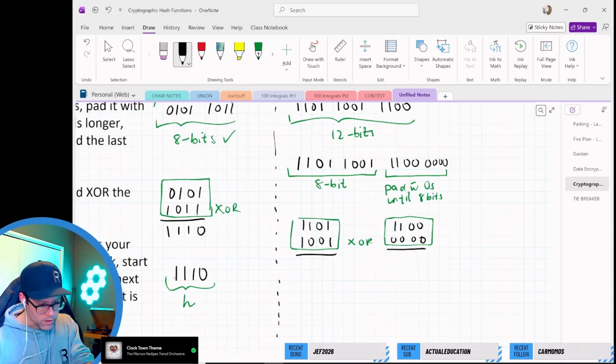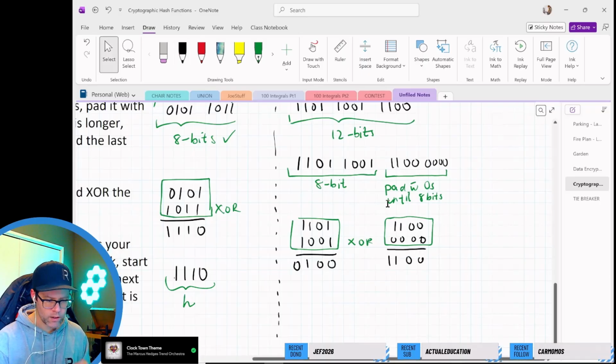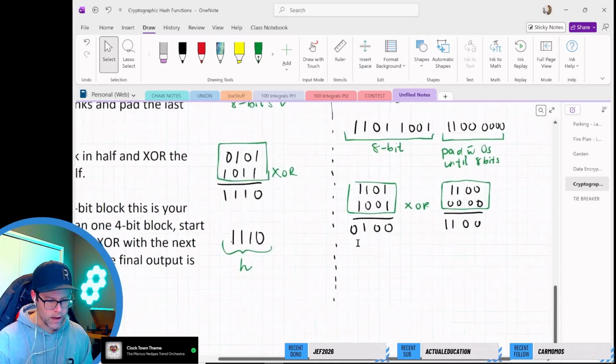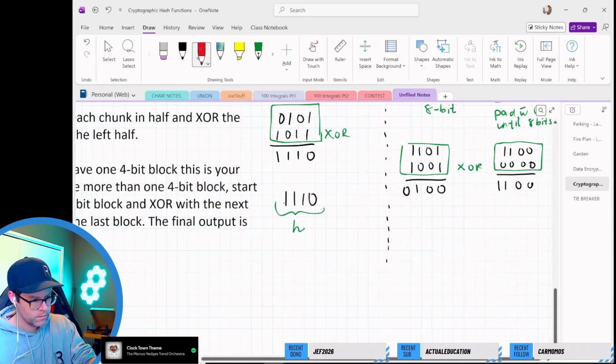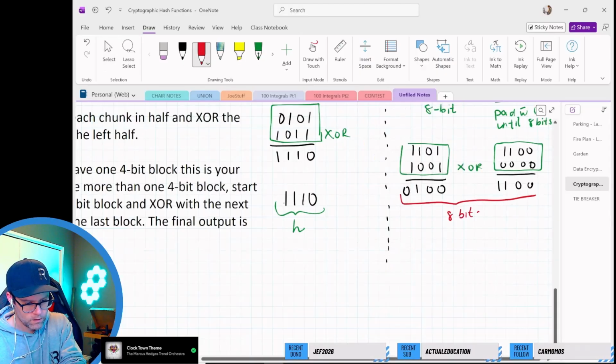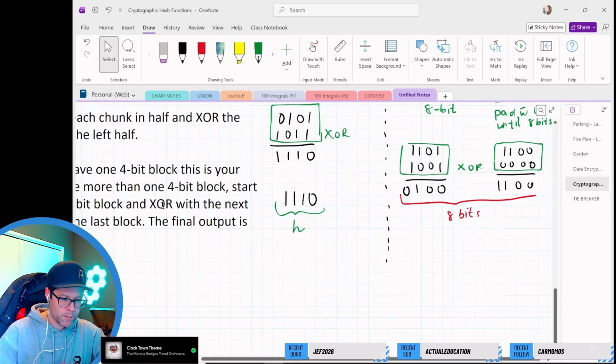So again, exclusive OR, so we should get something like what? 0, 1, 0, 0, and 1, 1, 0, 0. So that'll complete the step 2 process. Now, the output that we get from step 2 has 8 bits. Right, so now I have more than one 4-bit block coming out of step number 2.